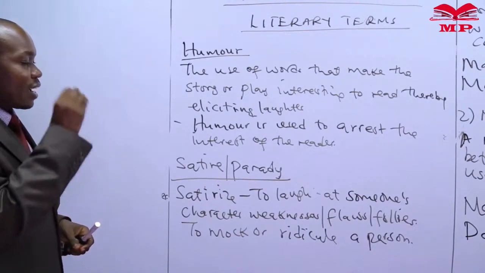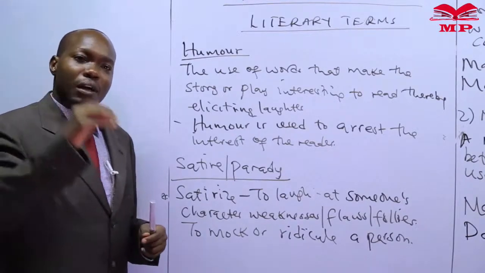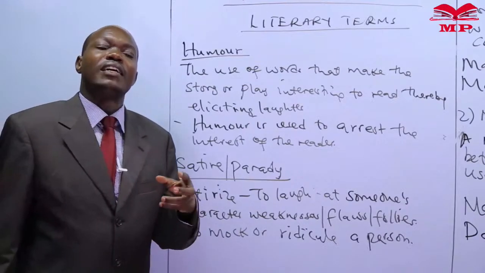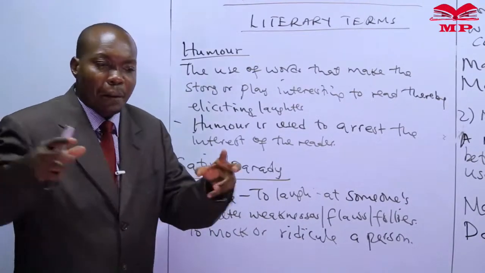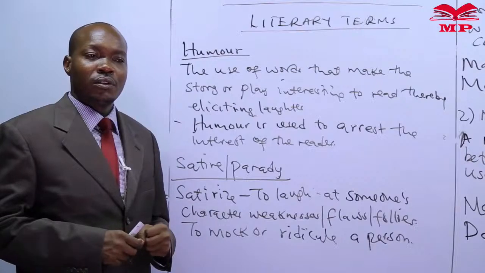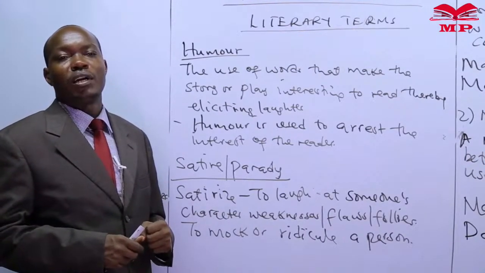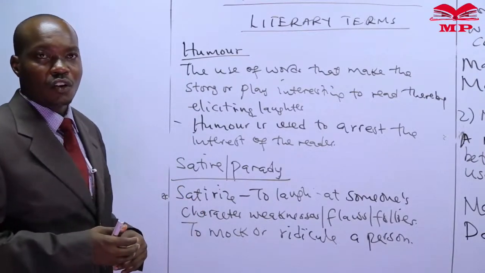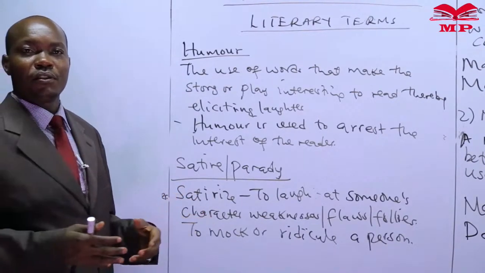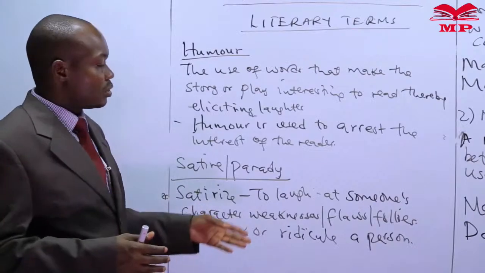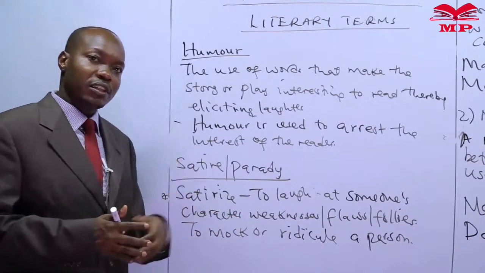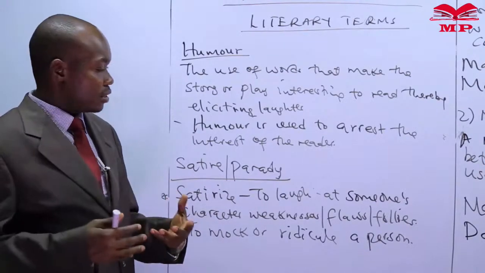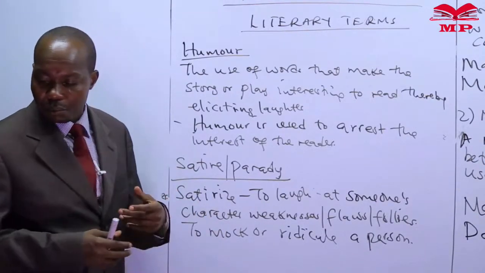But you are laughing at someone's character. For example, you might find in a poem a character who likes grabbing public property. So we laugh at him. We are laughing at his behavior of grabbing, of being mean, being selfish, of being corrupt. So we satirize such behavior that is unbecoming, that is not ethical in our society. We call that satire or parody.